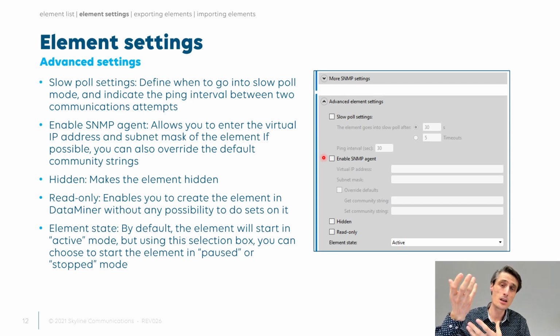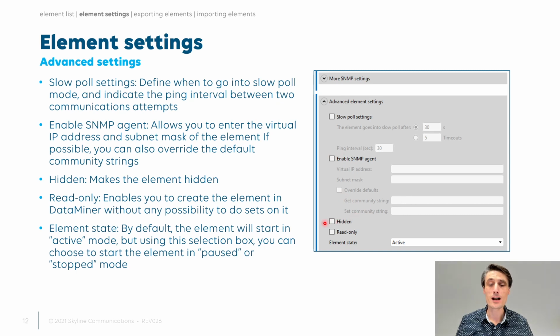And then northbound, we create a virtual IP address. You need to specify a virtual IP address with a subnet. And then other systems are able to do an SNMP get or set on a specific metric, and DataMiner will go maybe serial or HTTP to the actual data source to do the settings or to do the reading of the values. There is also a possibility to override the default get and set community string.